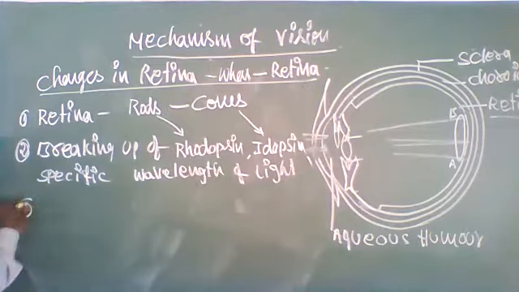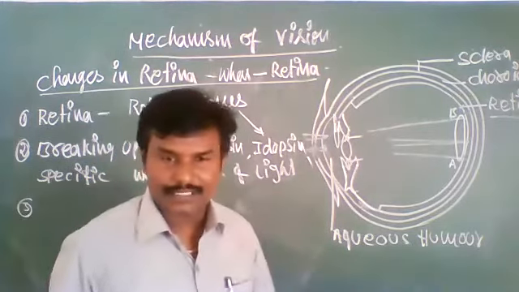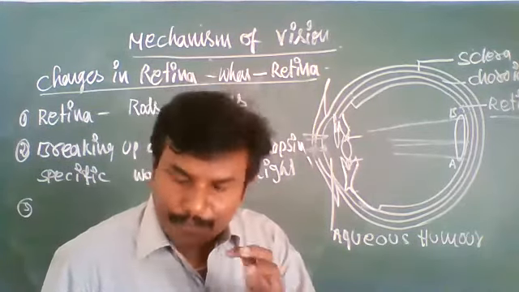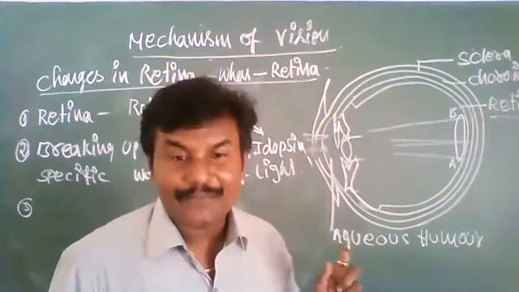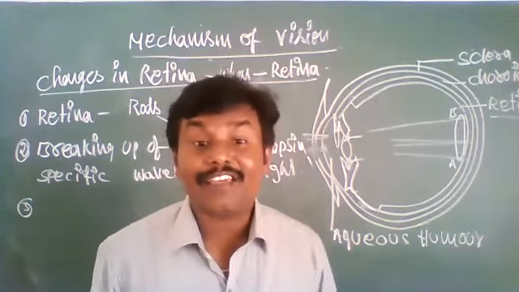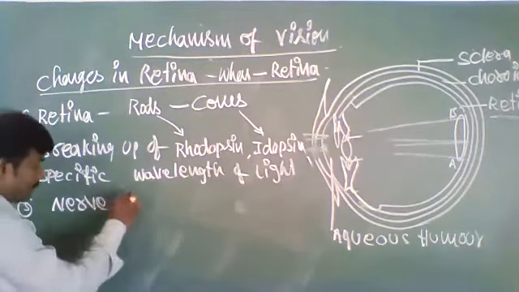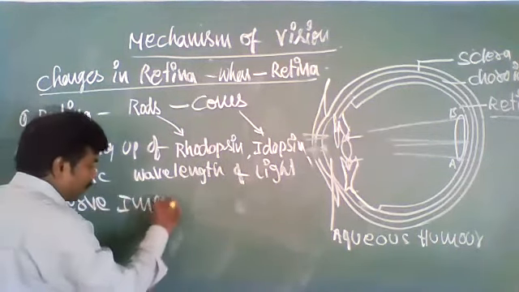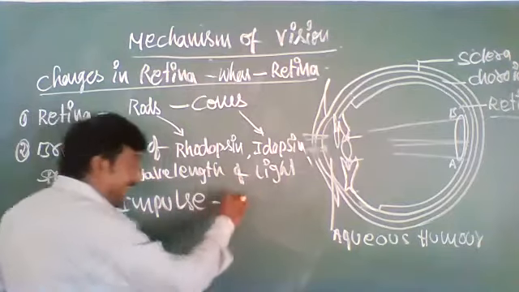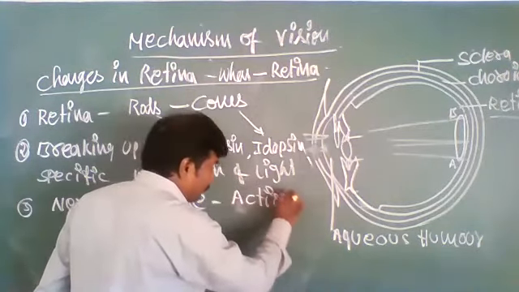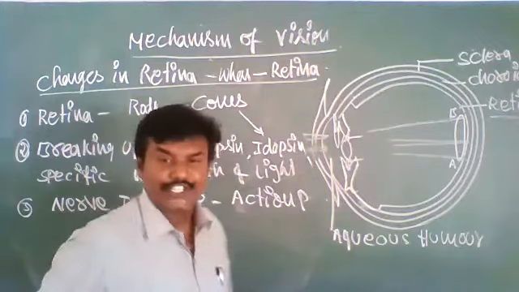When the rhodopsin and iodopsin pigments are broken, a nerve impulse is generated. Nerve impulse or action potential is generated.